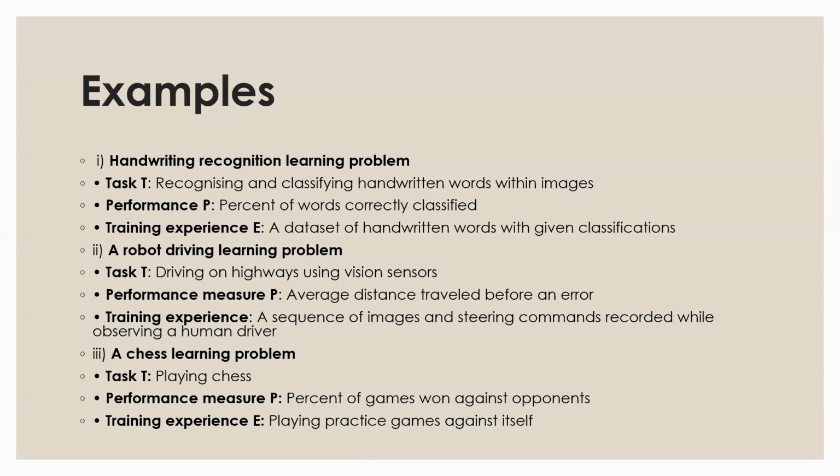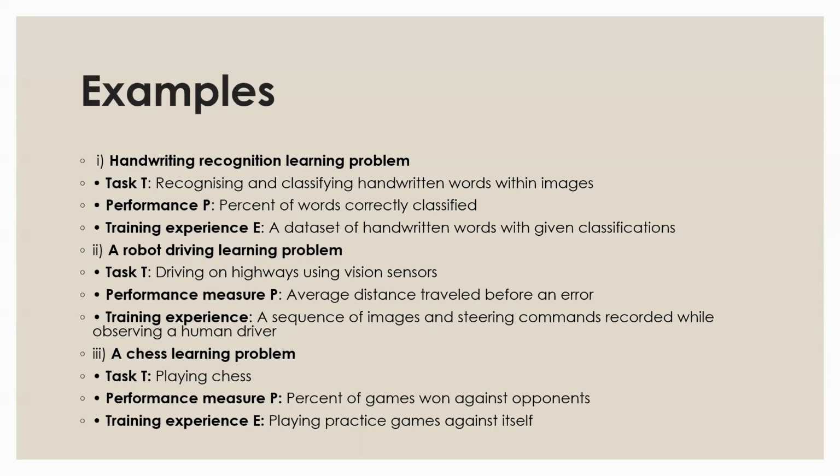Now let's look at the last problem in this slide, a chess learning problem. When it plays chess, it plays practice games against itself, so it can learn from its own experience if some rules are entered into the system.